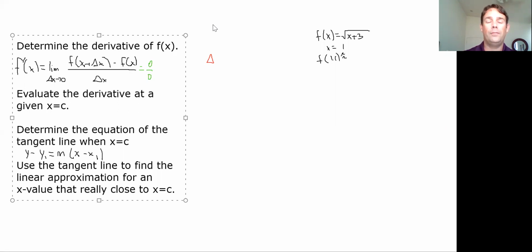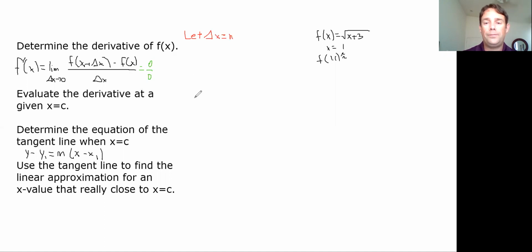All right, so I'm going to start off my let statement again. Let delta x equal h. So just because I don't want to be dealing with it, I'm going to go and figure out my derivative then as h approaches 0.